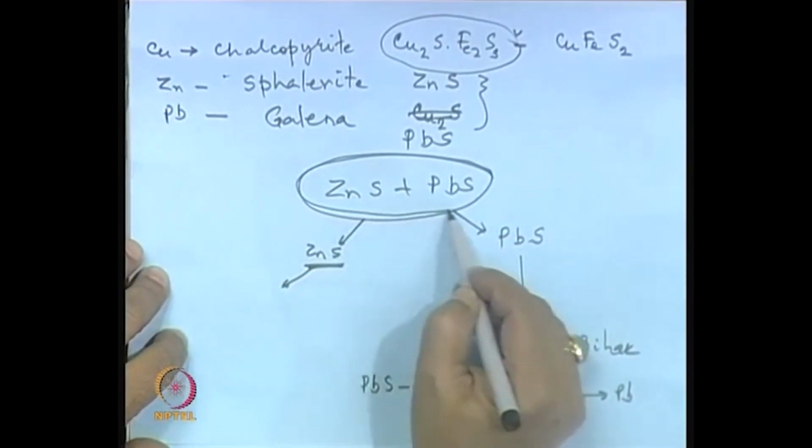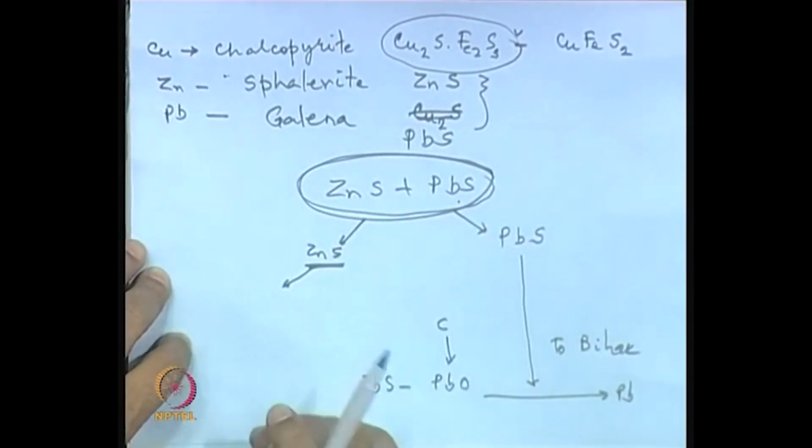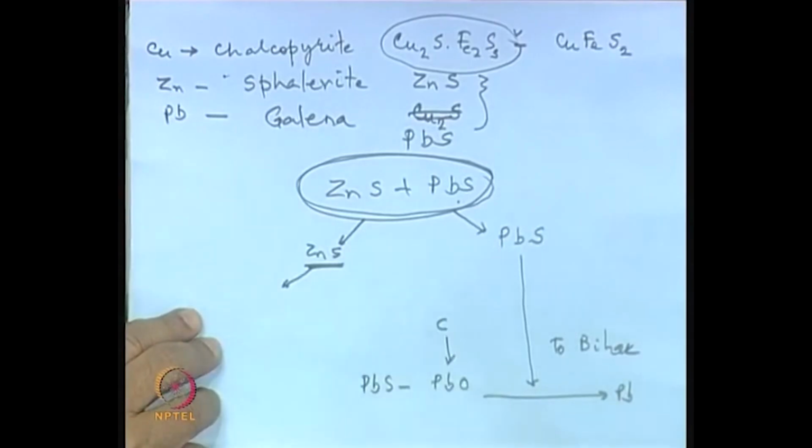I will come to that towards the end, and till today we do not have a very successful commercial process for exploitation of these, for various reasons, maybe their location, maybe the extent to which they are there, or the complications that one has to go through to handle three elements from them. But this is very successful. When you have zinc sulphide and lead sulphide together, they can be separated out by flotation. One goes one way, the other goes another way.